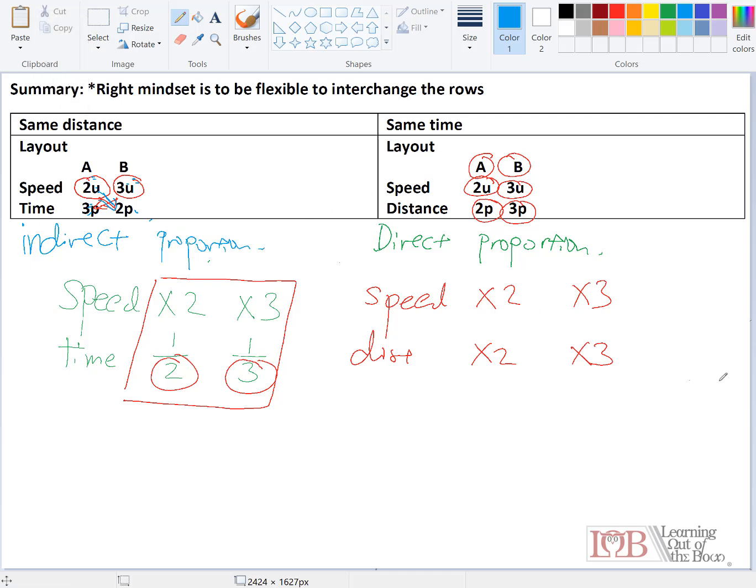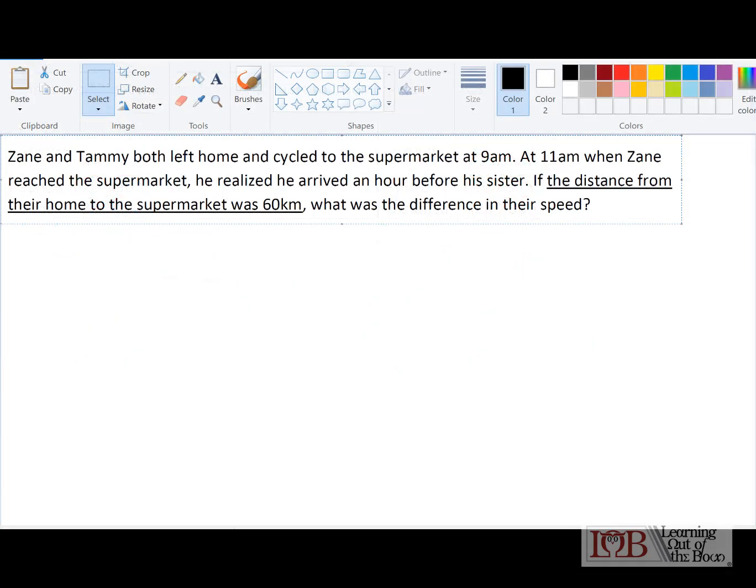Okay, so we'll move on to an actual question to teach you how to apply it. Alright, so in this question, we are talking about how do you apply the indirect proportion. So first thing in the question, we are going to change to a pen.